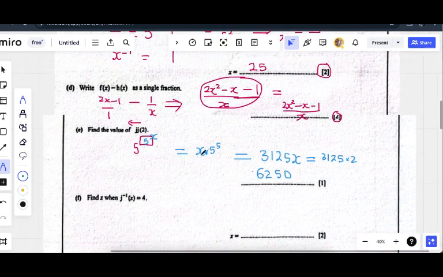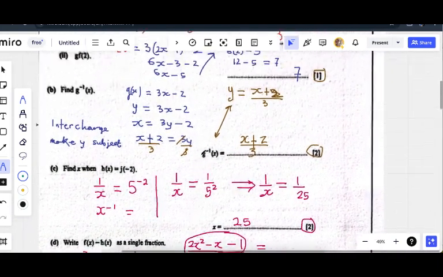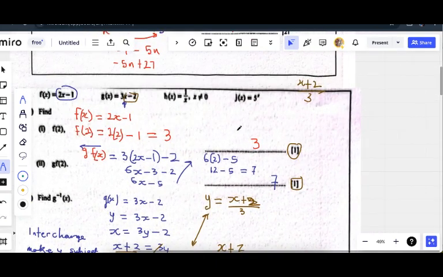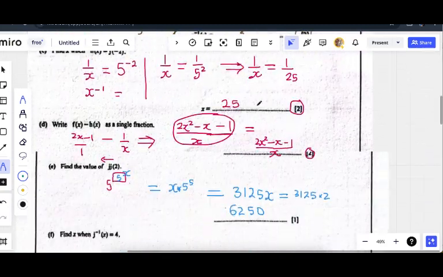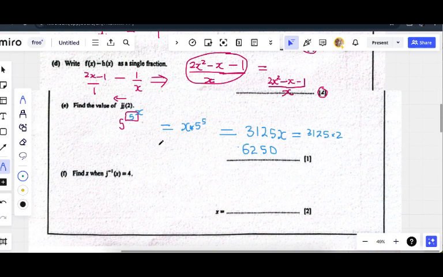Now let's see, j inverse. The j inverse is 4. What's the inverse of an exponent? It's the same, right? The inverse of this exponent is the same thing.